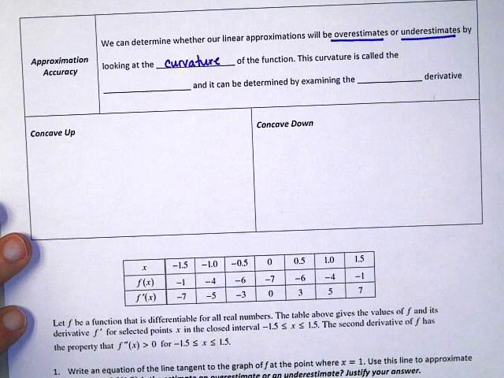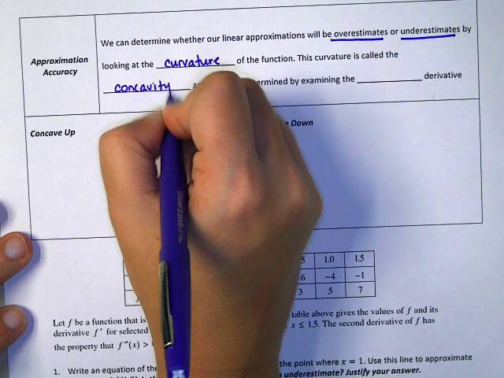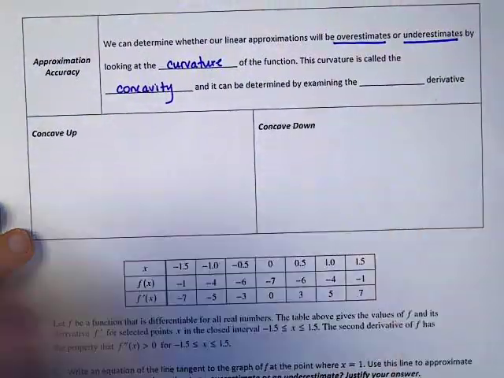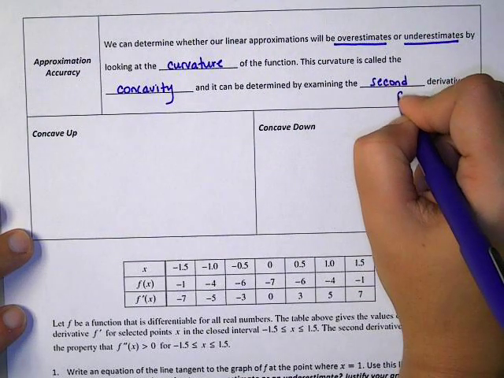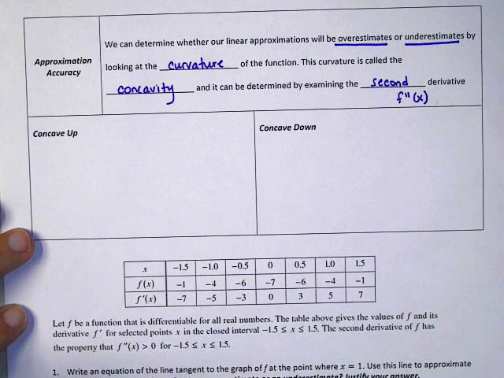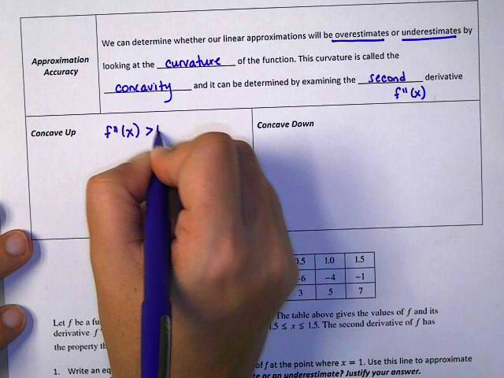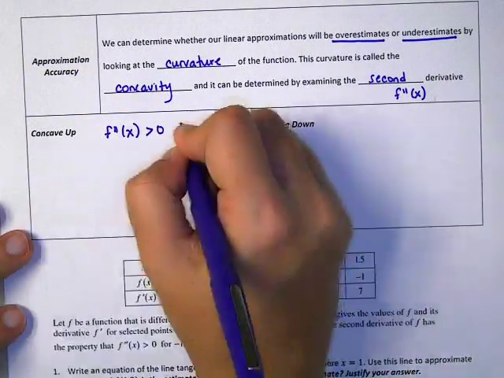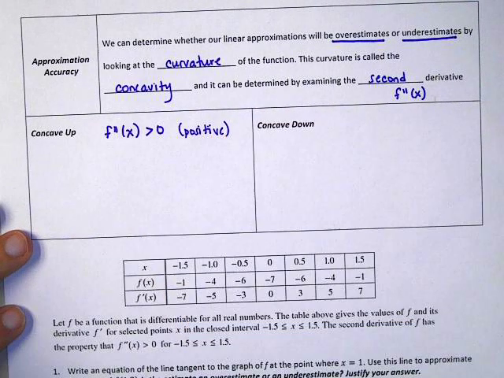This curvature is called the concavity, and it can be determined by looking at the second derivative. So we're going to look at the second derivative of our function. If your second derivative is greater than 0, which means it's positive, then we know that the curvature of the function is up.